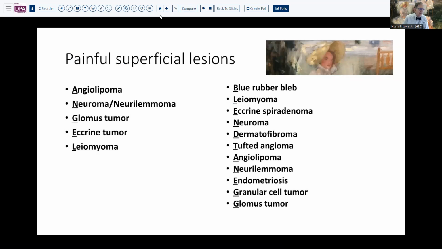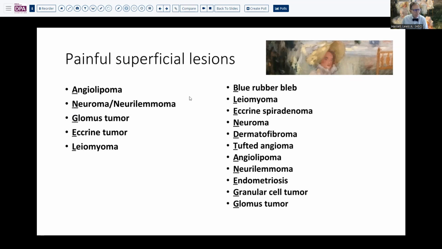And this sort of raises the interesting differential of painful superficial lesions. So I remember in medical school learning the acronym ANGEL for those lesions which would produce a painful cutaneous or subcutaneous mass. Angiolipoma, neuroma, glomus tumor, eccrine, leiomyoma, and so forth.